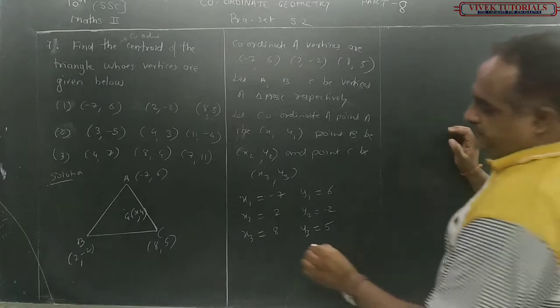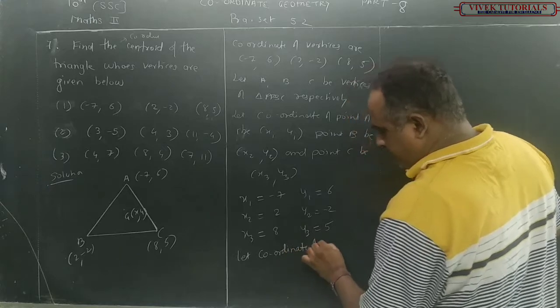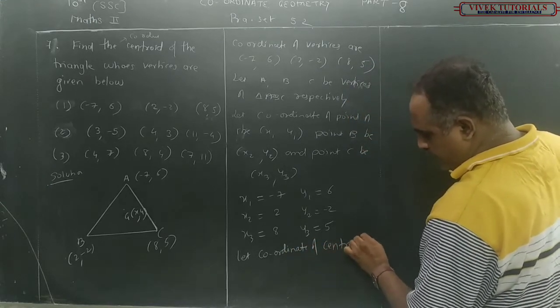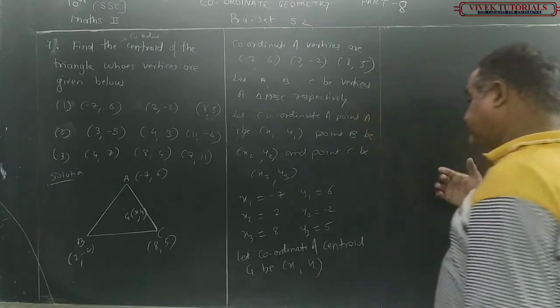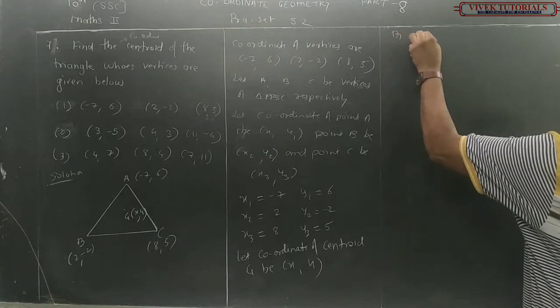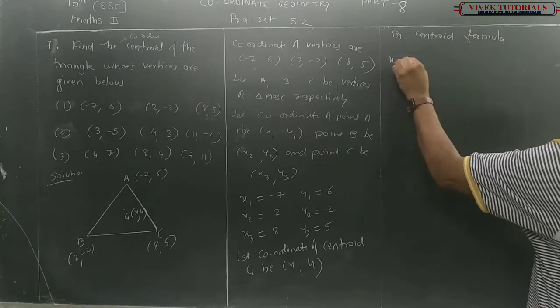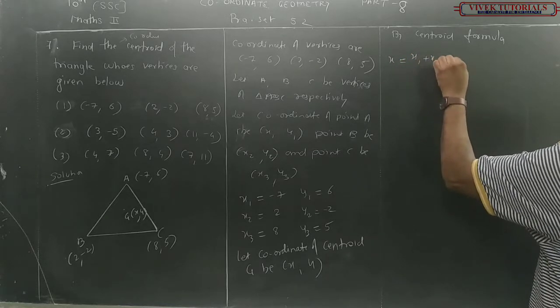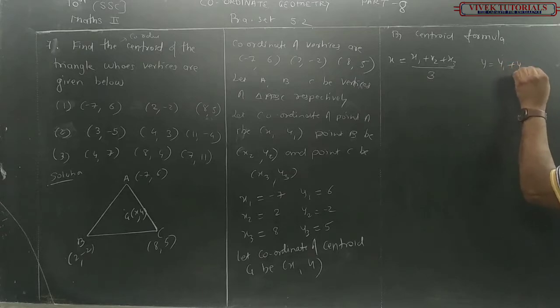Okay, let the coordinate of centroid G be x, y. Okay, then by centroid formula, x is equal to (x1 plus x2 plus x3) upon 3 and y is equal to (y1 plus y2 plus y3) upon 3.